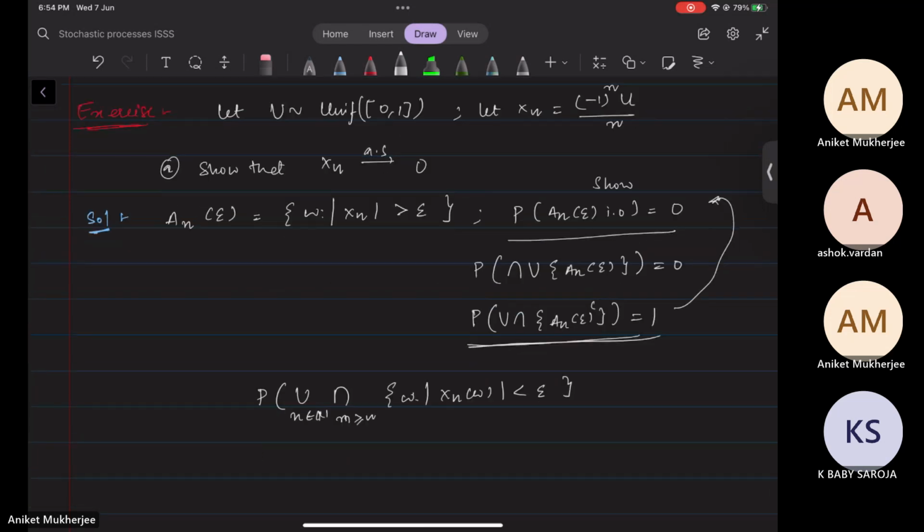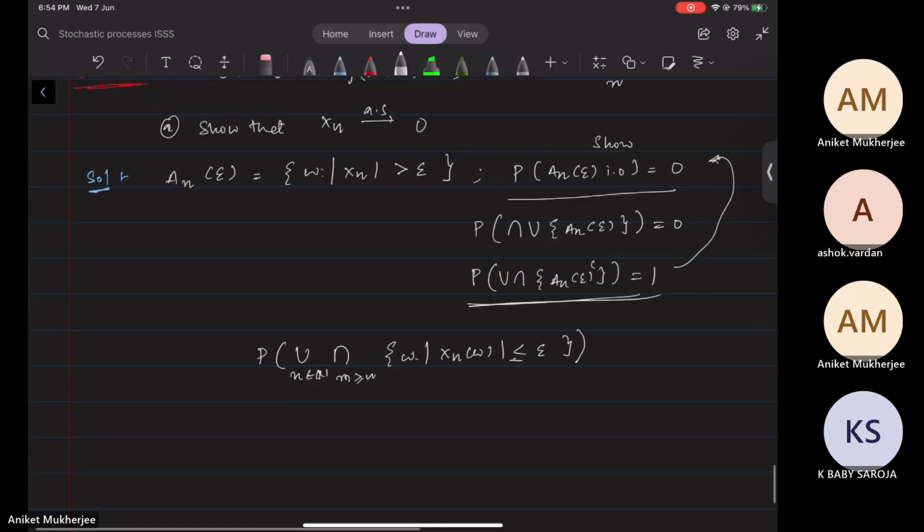Okay. Yeah, union intersection. So the complement of A_n complement would be just less than or equal to epsilon. We're trying to show that the probability of this is equal to 1.